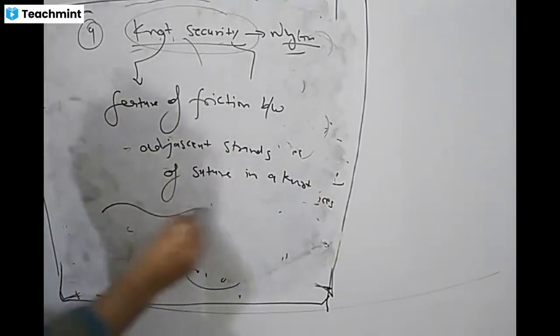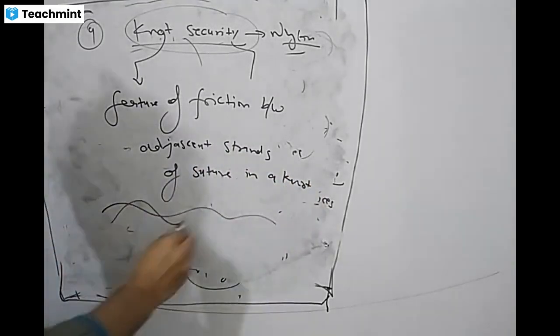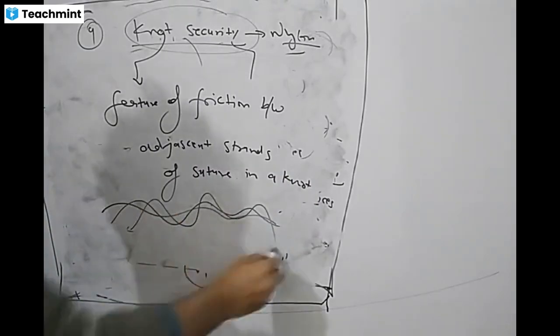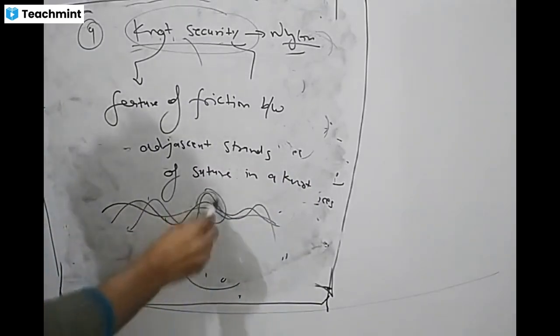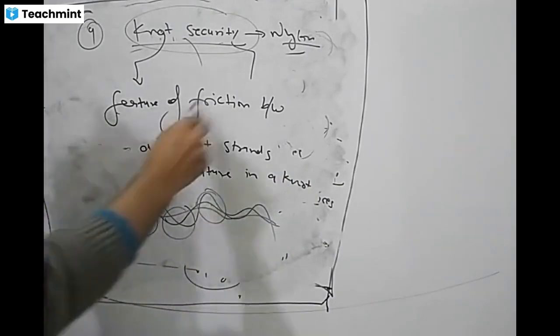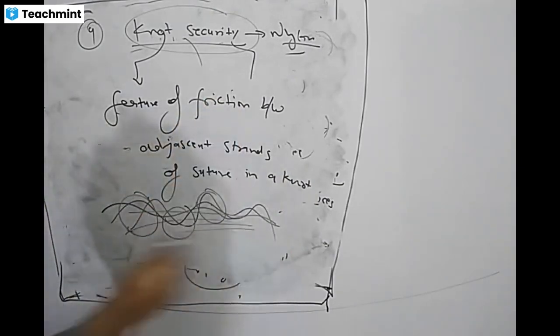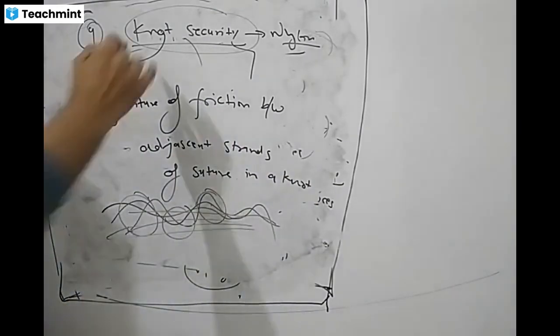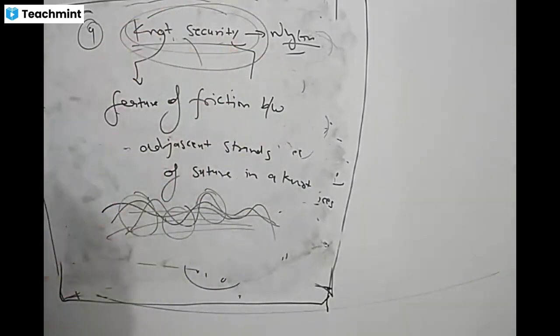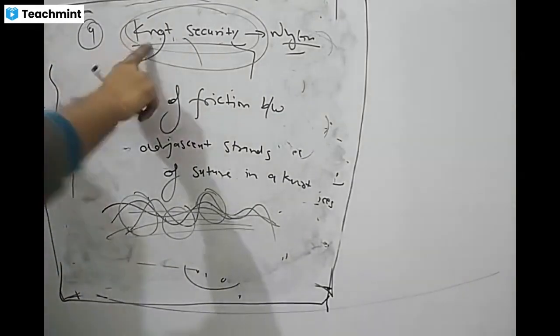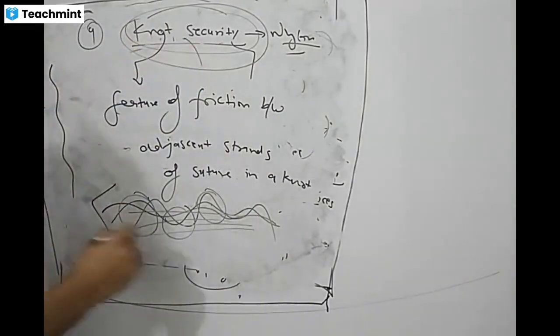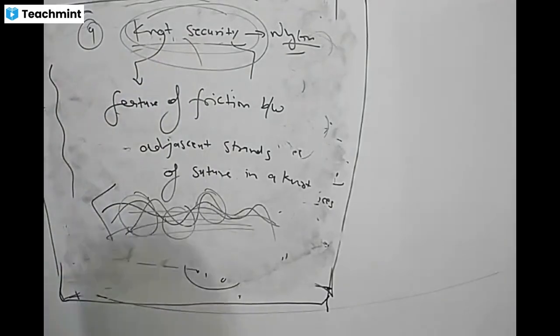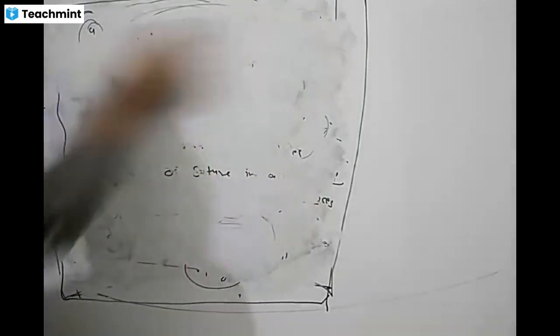It means in case of multifilament, there are multiple filaments, and in between these filaments there is friction. So it is a friction between these strands which defines the knot security. It means a single monofilament has less knot security as compared to multifilament, because knot security is a feature of friction between multiple strands.